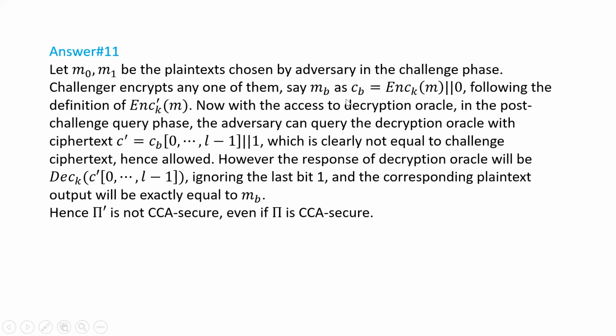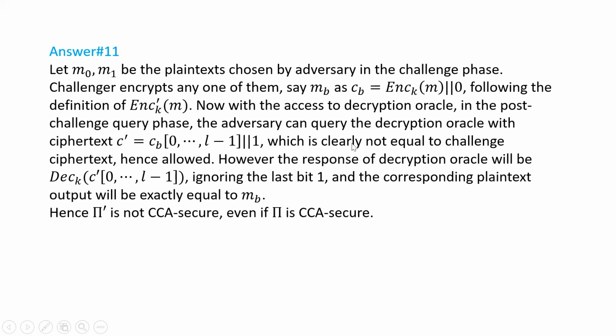So C dash is no longer equal to CB. You remember that in the CCA security game, the adversary is not allowed to query the decryption oracle with the challenge ciphertext itself. So it cannot query the decryption oracle with CB itself, but it can query with C dash, because C dash is just flipping the last bit of CB.